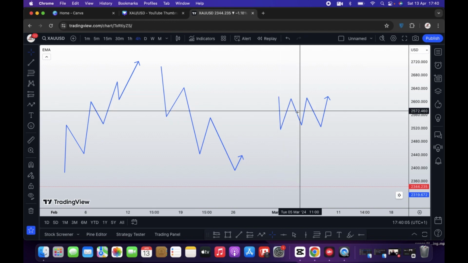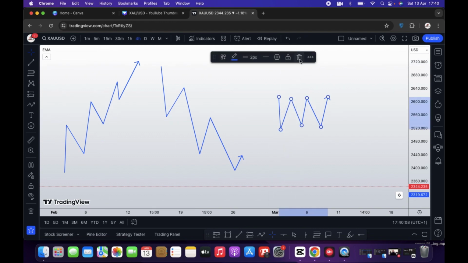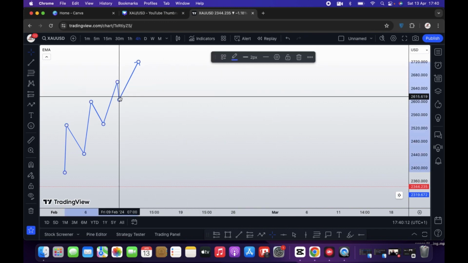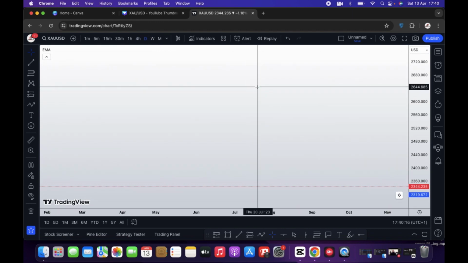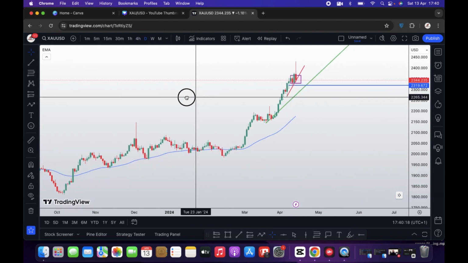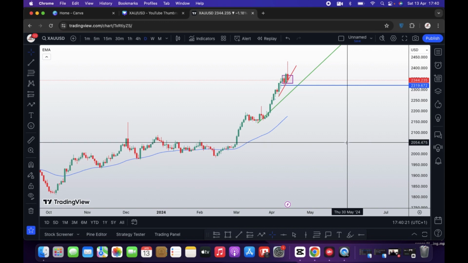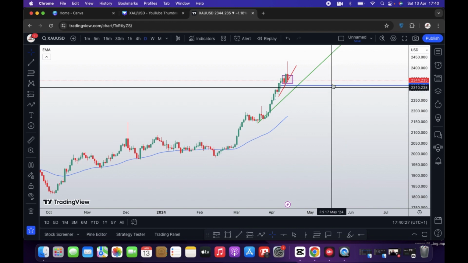So let's go to daily time frame. I will do the first teaching on daily time frame, then the second one will be on 4 hours time frame. And please, daily time frame and 4 hours time frame have different entries and different setups, so please pay attention. Now this is daily time frame.